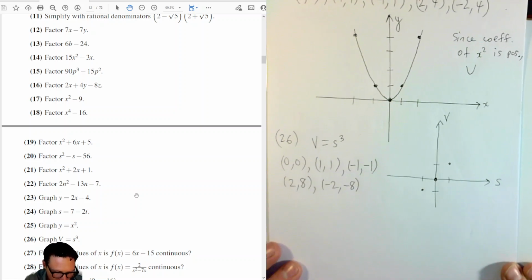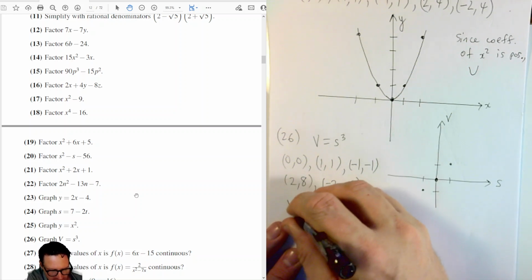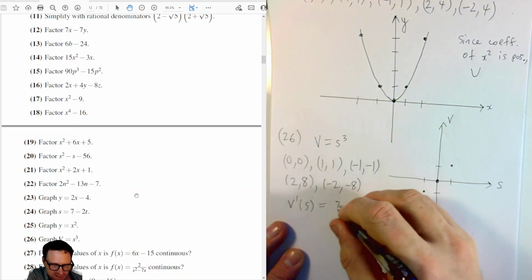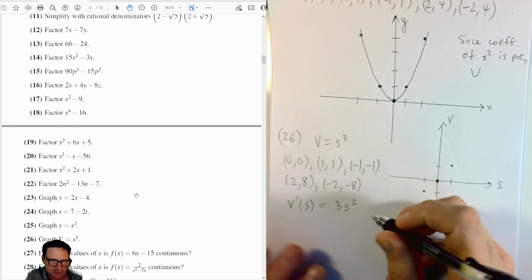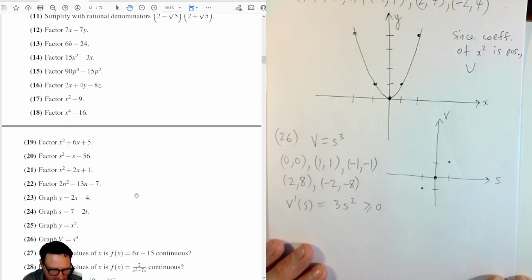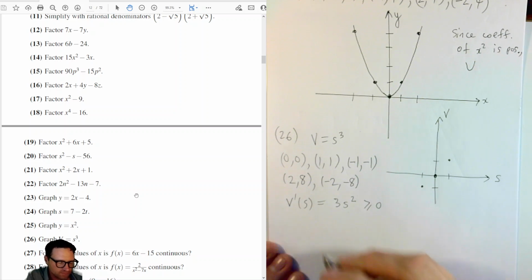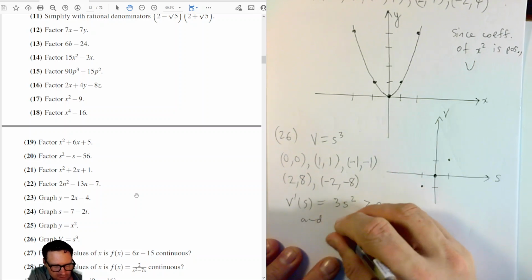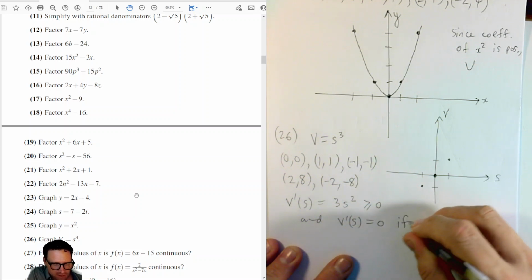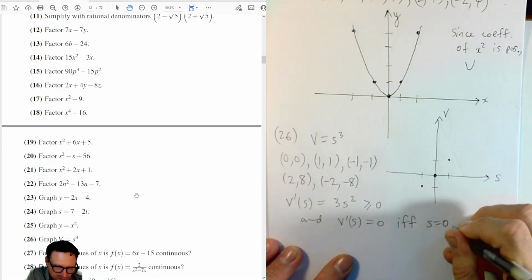And now what you might want to do is do a little bit of calculus. Say, for example, what is v dash of s? What is the first derivative of this? Well, it's 3s squared. Now that is greater or equal to 0 because squares are always greater or equal to 0 and exactly 0 when s is 0. So v dash of s equals 0 if and only if s is equal to 0.